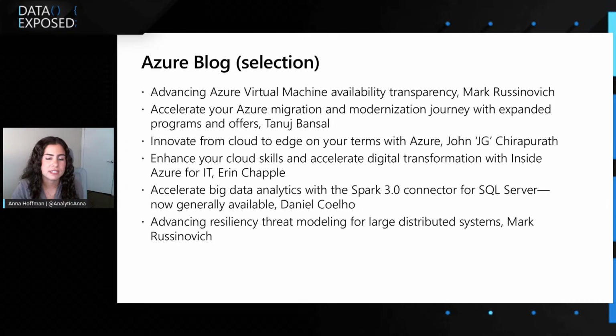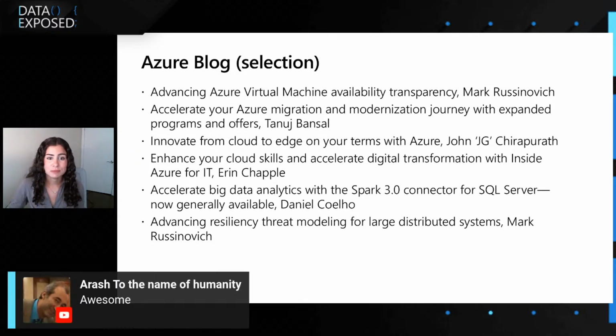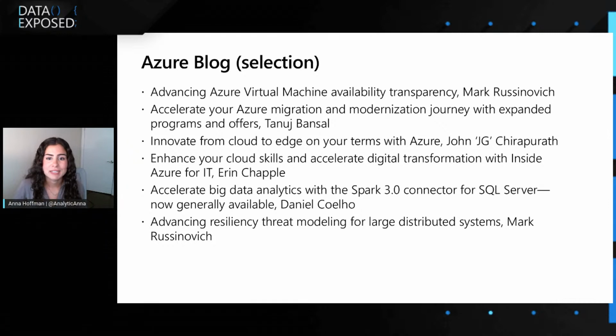But really what this is about is how Azure as a platform manages this large distributed system, and how they do both proactive and reactive risk modeling to prevent or react to outages. I found this one really interesting. I think our HADR folks might be interested in how Azure does this at such a large scale. Someone says awesome. Yeah, I think it's pretty awesome too. So thanks for your comment.